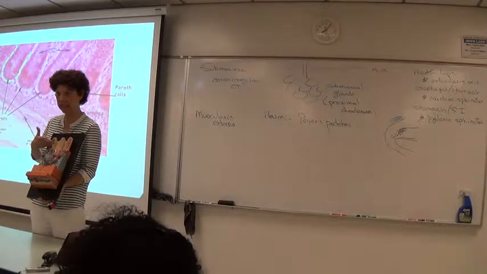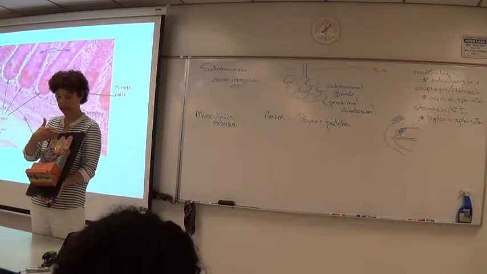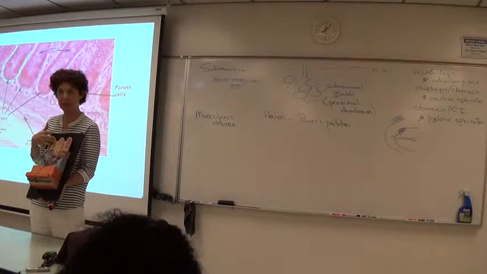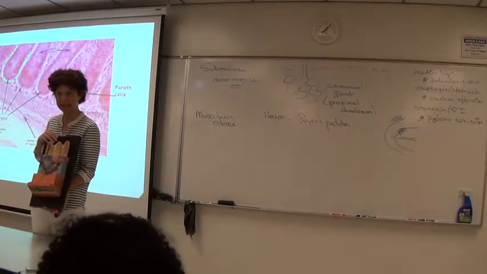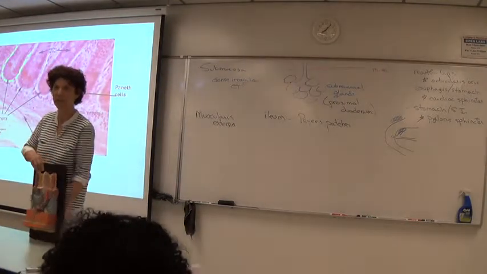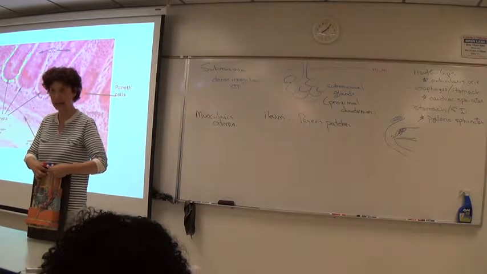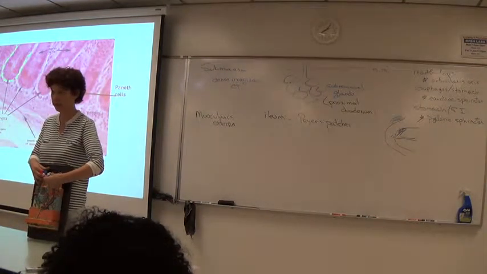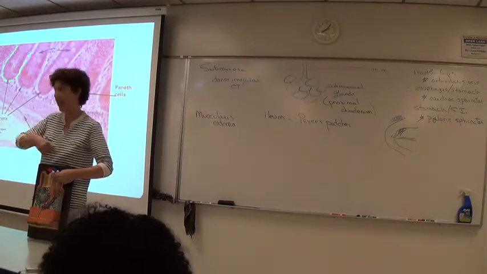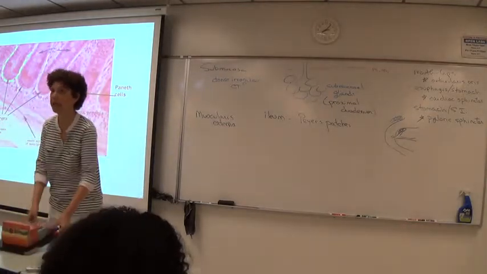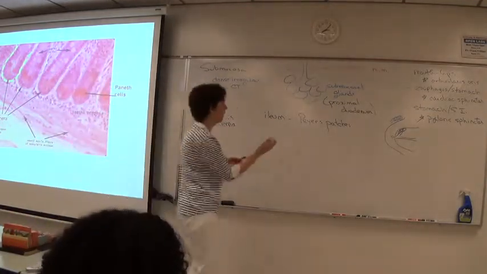Cross-section of the villi, what would that look like versus a cross-section of the intestinal glands? Circles. So here we would have a circle that's solid in the center because of the lamina propria and the simple columnar cells forming a ring around them.